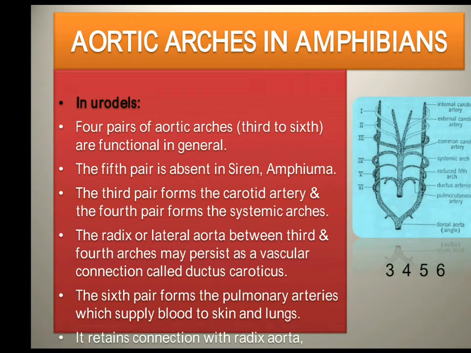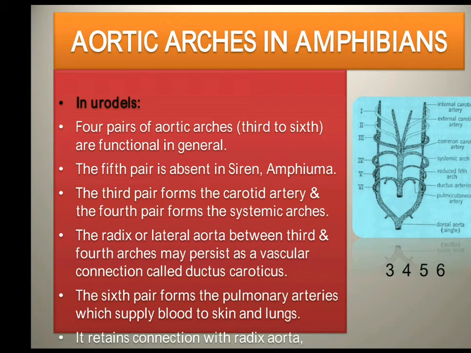So this is the particular connection which we are talking about in this point. So the radix or the lateral aorta between third and the fourth arches may persist as a vascular connection called the ductus caroticus. So this duct is called the ductus caroticus.